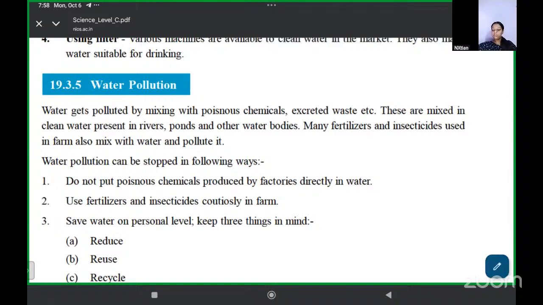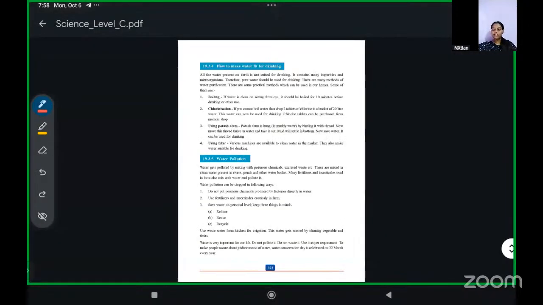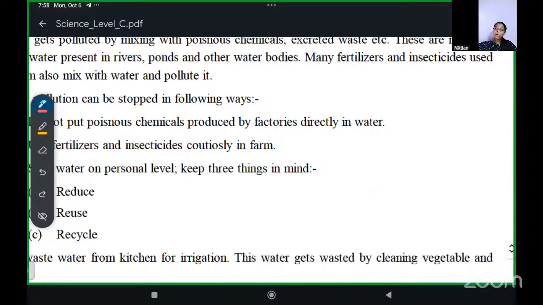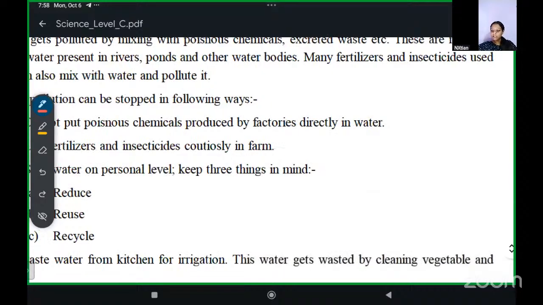So what people do is that if they have a pond or a lake nearby, if they have a water body nearby, they will dump all their trash in it.